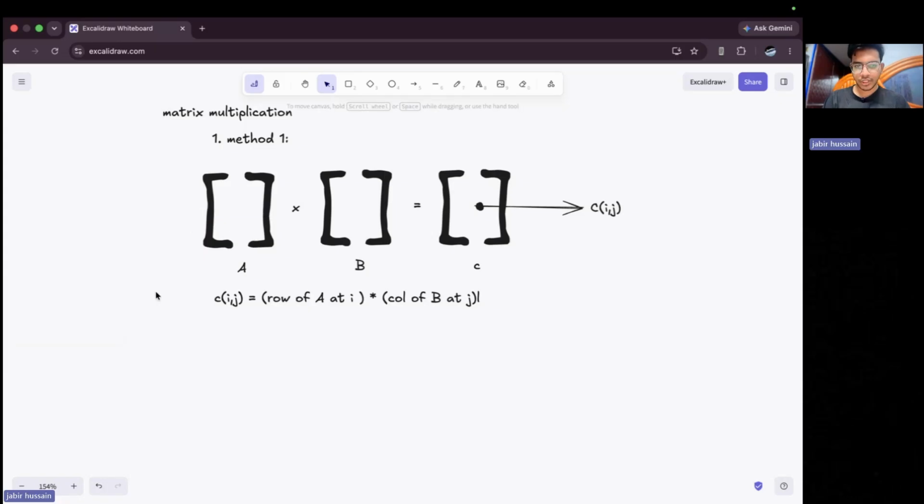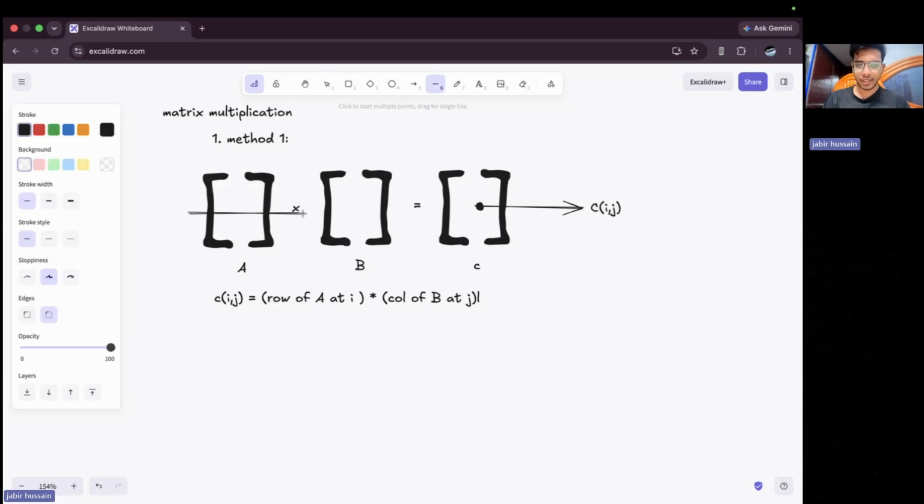Here, let's say this is my ith row, and this is my jth column. To get the element at this particular position, I'm taking the row of A at i and the column j of the B matrix.